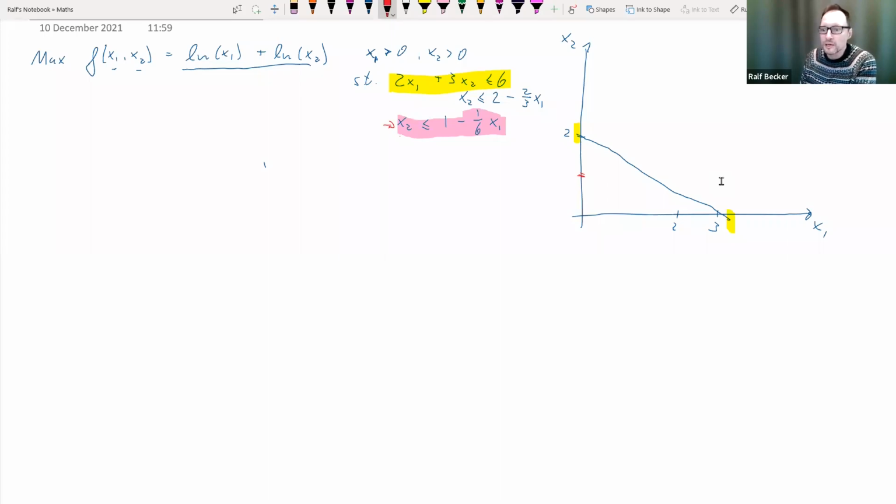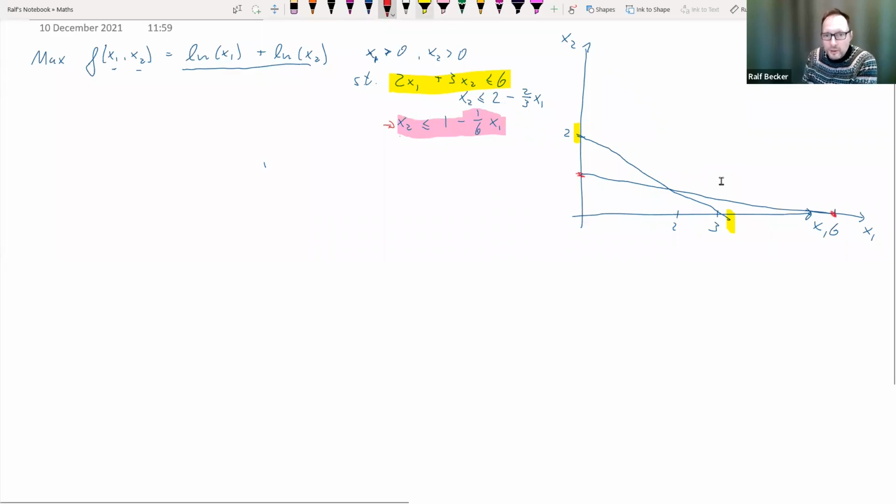So where x1 is 6, so that's somewhere perhaps here, approximately. So that line goes somewhere like this. Okay, that is the red constraint.